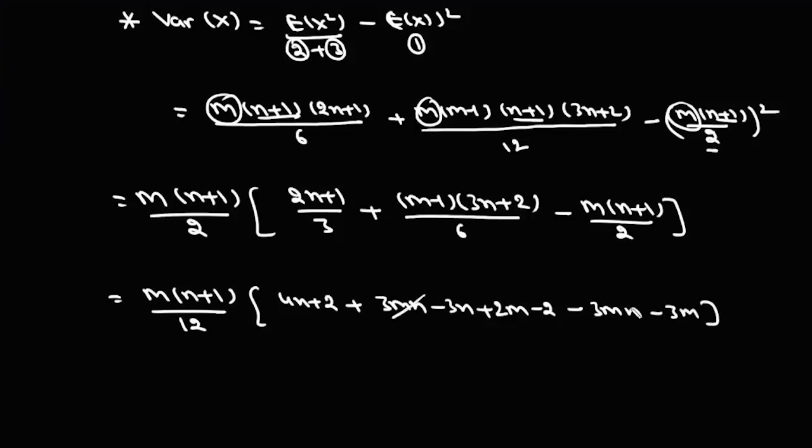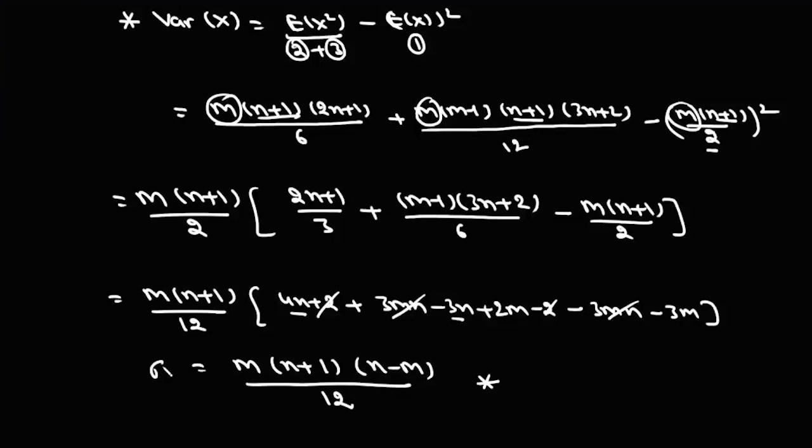Now this 3mn will cancel, this plus 2 will also cancel, so here we'll have 4n minus 3n, n minus m, so there will be simply m into n plus 1 into n minus m whole divided by 12. So that's the required variance.